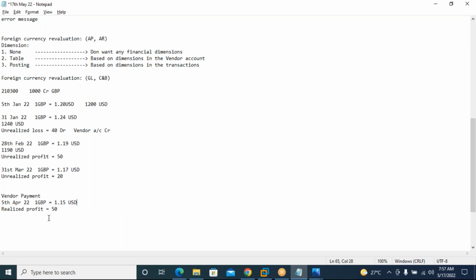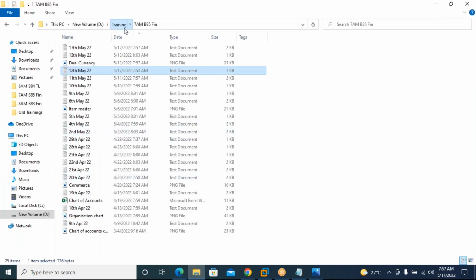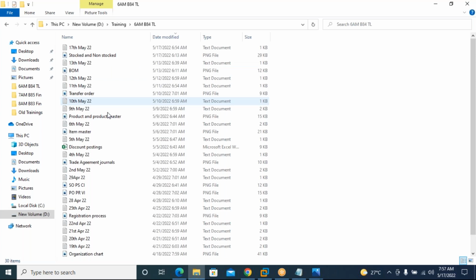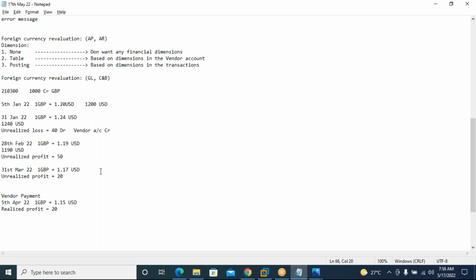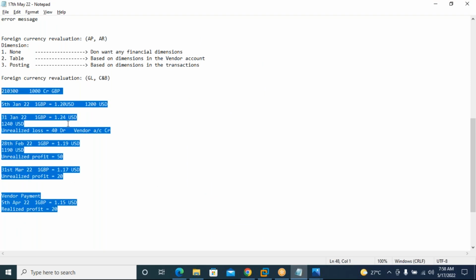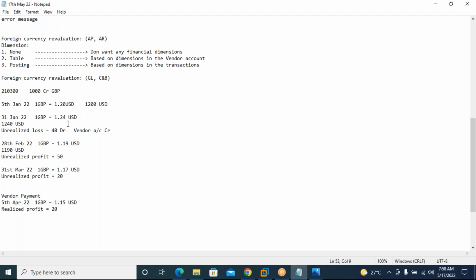Yes. Actually there is a word I did not remember, so I will verify the terminology, the naming given, and I will tell you. So here it is not reversing the previous month's transaction.